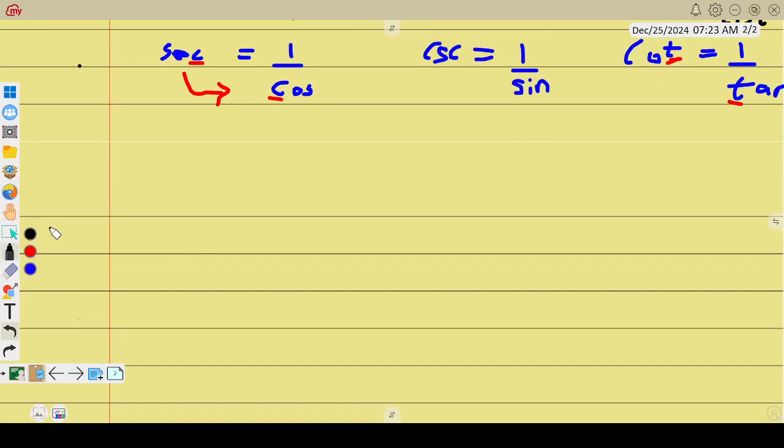Sine is different because it is coming from the word sin. Remember when you sin, you go down. So for us to remember the relative for sine, we're going to say that, what is this word?